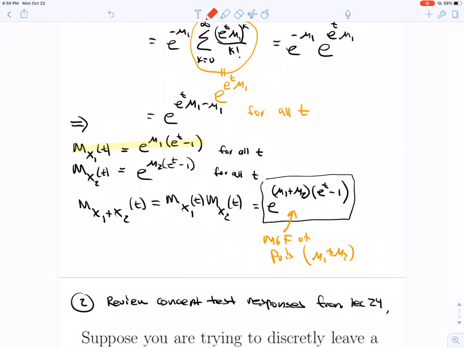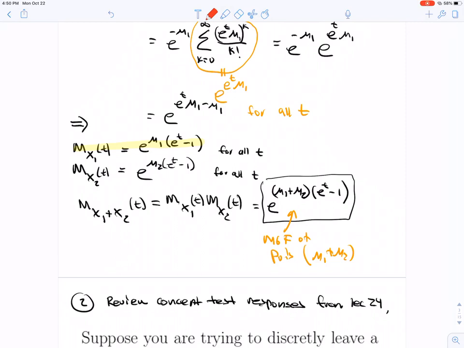And you recognize that, oh, this is the MGF of Poisson mu1 plus mu2. By the uniqueness of MGF, it uniquely specifies what the distribution is, namely Poisson mu1 plus mu2. So that's really the power of the MGF.